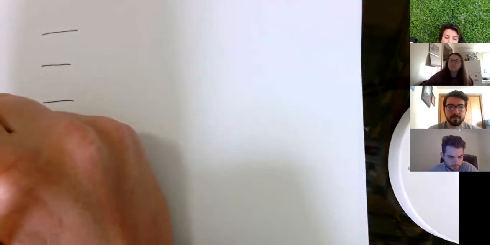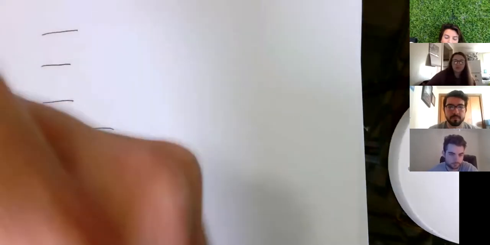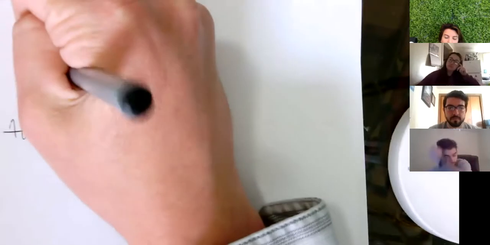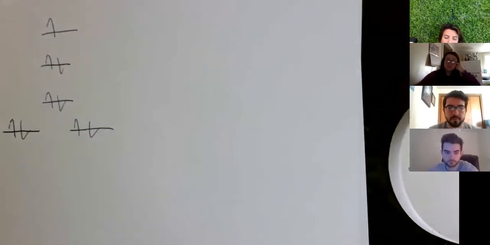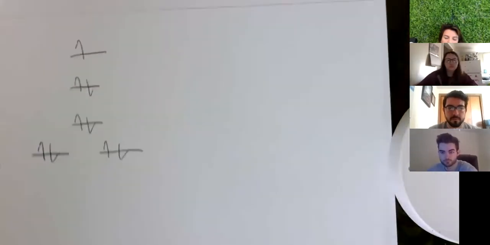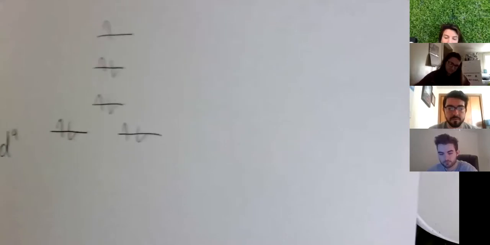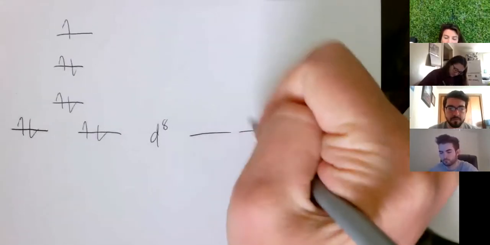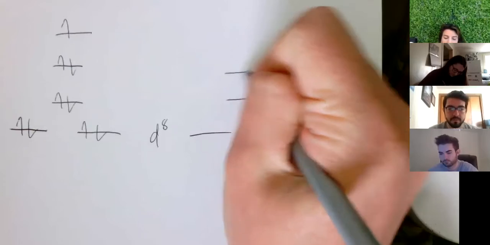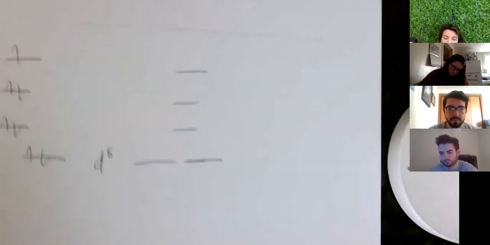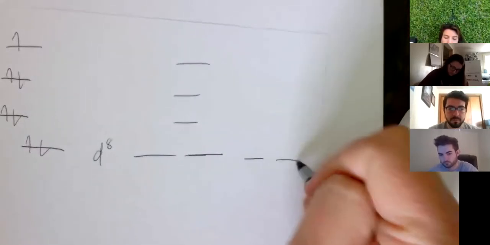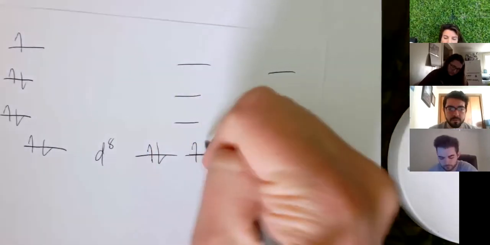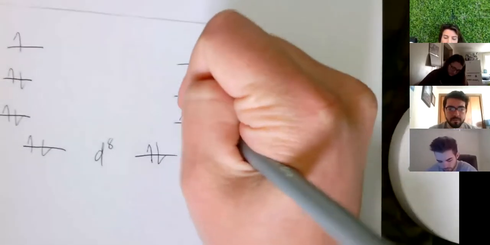So let's say we had a D9 system, 1, 2, 3, 4, 5, 6, 7, 8, 9. That's all we could get, right? Okay. But if we look at a D8, we got two options. 1, 2, 3, 4, 5, 6, 7, 8.